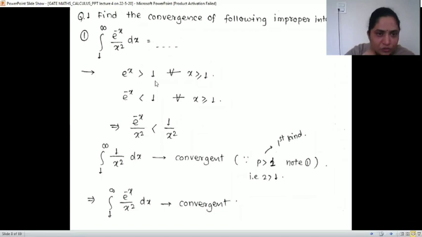But we know the integral of 1 upon x square from 1 to infinity is convergent by our known theorem: it is convergent if p is greater than 1, and here p is 2. So if this is convergent, then by the comparison test this integral is also convergent. So the given integral is convergent.